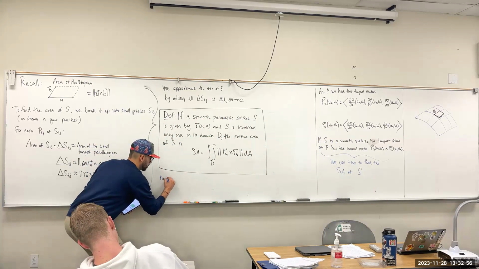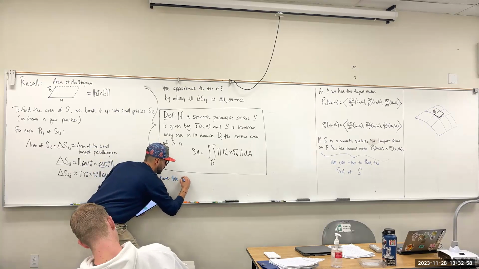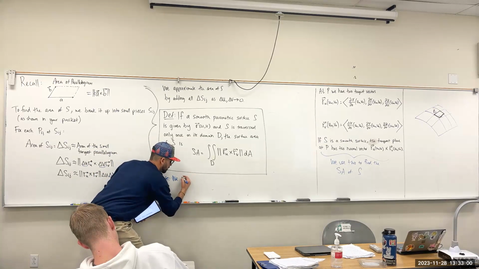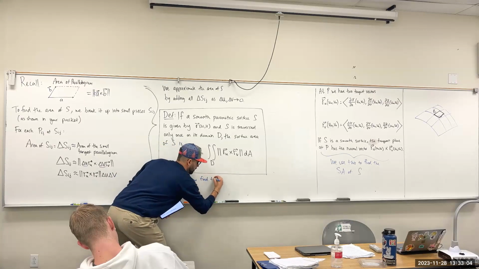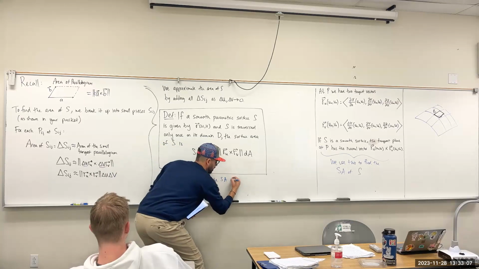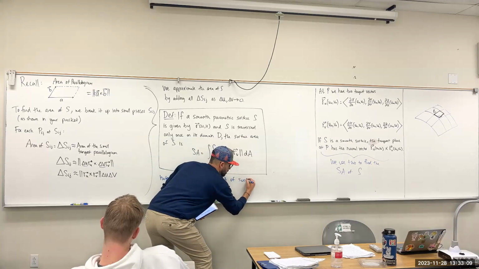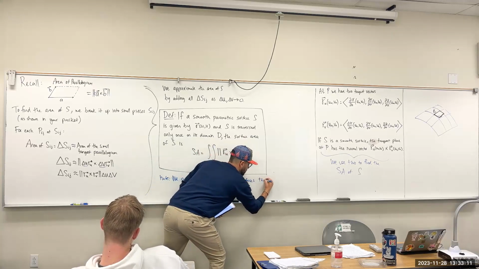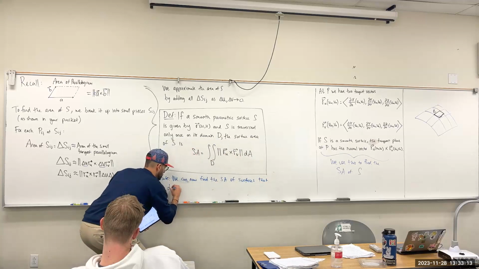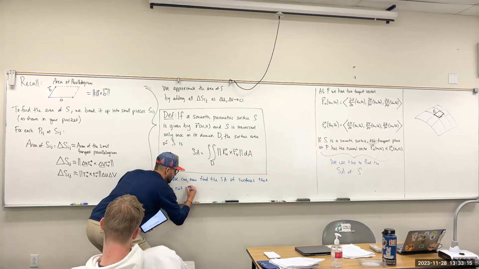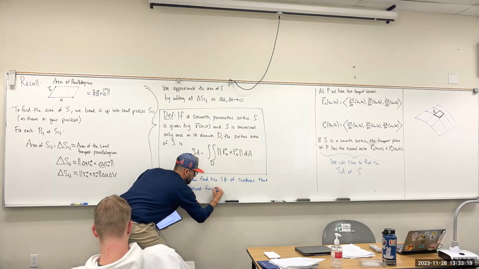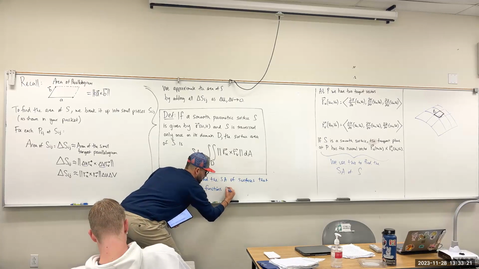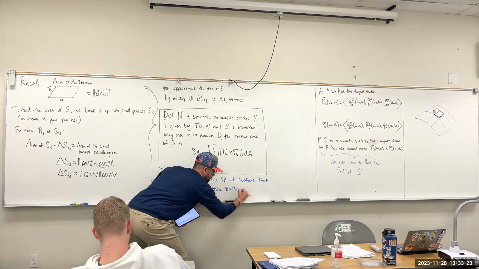So note, we can now find the surface area of surfaces that do not represent functions, z equals f of x, y.